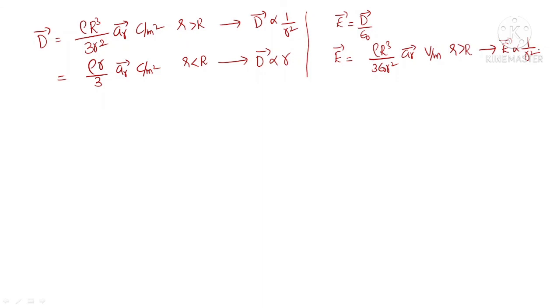Similarly, E bar is equal to rho times r by 3 epsilon naught a r bar volt per meter for the region r less than R, which indicates that the magnitude of E bar, which is E, is proportional to r. Okay, we are just talking about only their magnitudes.